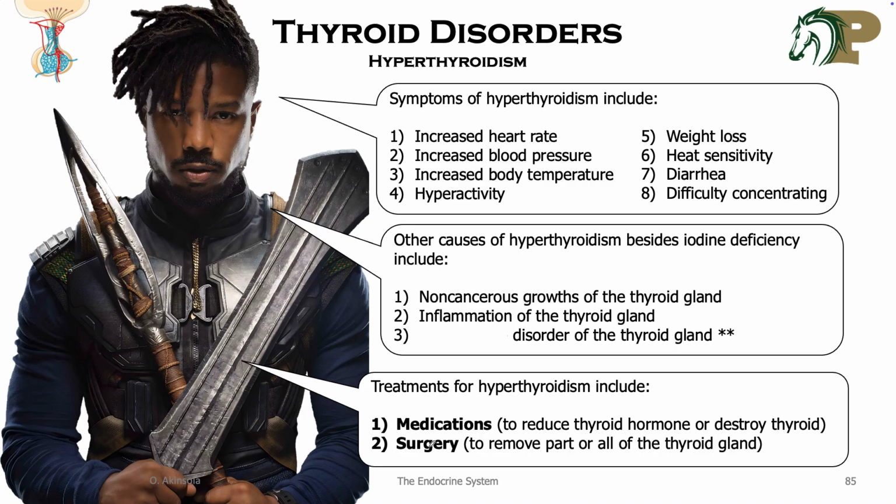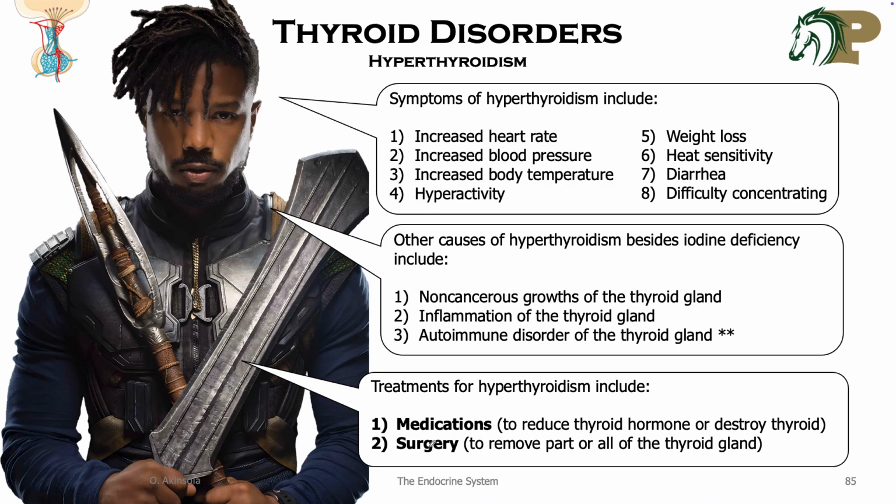Other causes of hyperthyroidism besides iodine deficiency will include non-cancerous growth of the thyroid gland, inflammation of the thyroid gland, or an autoimmune disorder of the thyroid gland, which we're going to talk about on the next page.